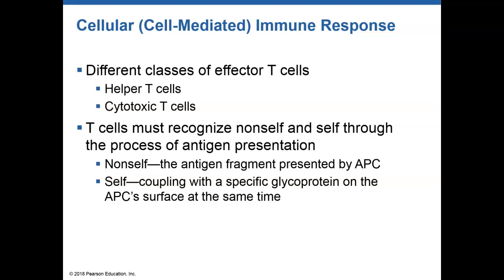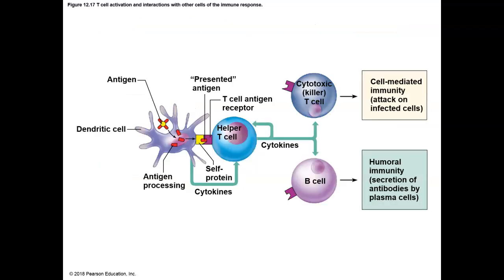T cells recognize non-self and self through a process called antigen presentation. A non-self antigen has to be presented with a self antigen on the surface of the cell. Here you have an antigen.